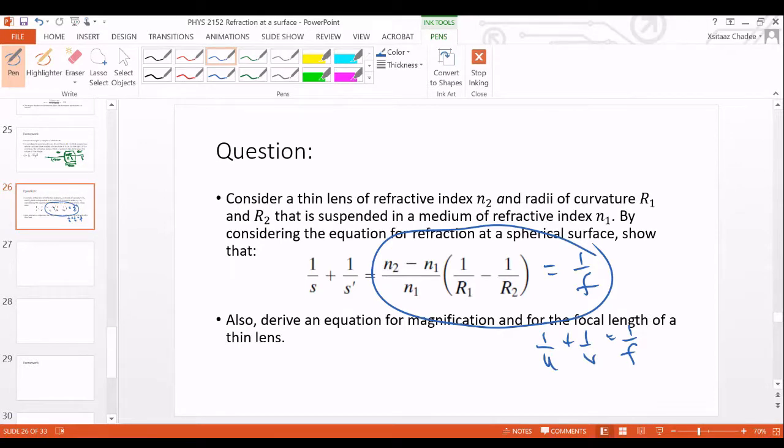So essentially you are showing that 1 over the focal length can be expressed in terms of the refractive indices of the different media, as well as the radii of curvature of the two different surfaces.